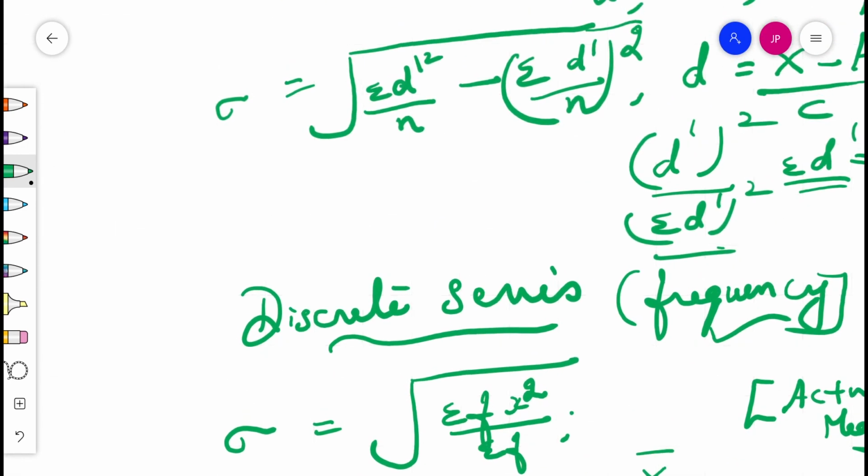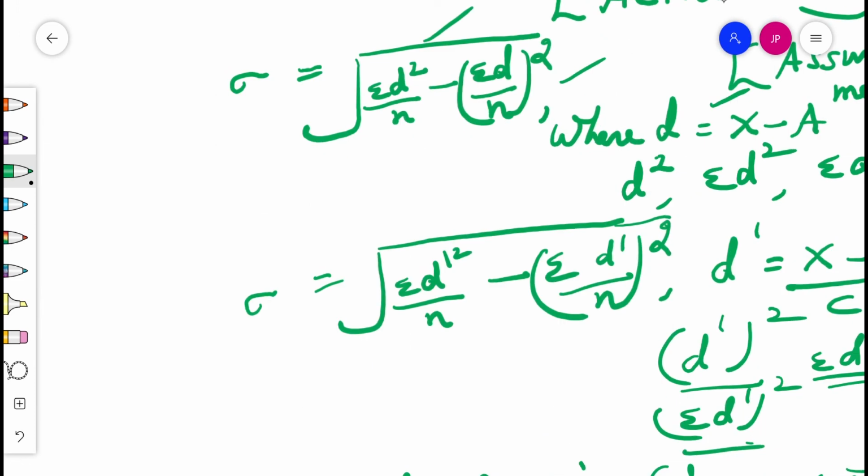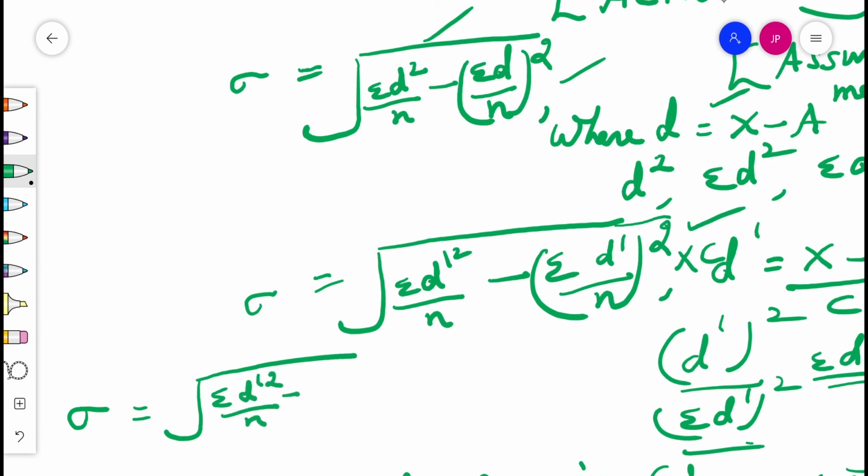In the earlier sums also, whenever we are taking d dash, it is multiplied with the common factor c outside. Shall I repeat? Standard deviation, small letter sigma, equal to square root of sigma d dash square by n minus sigma d dash by n whole square, into c outside, the common factor, because d dash is equal to x minus a by c. That's why.